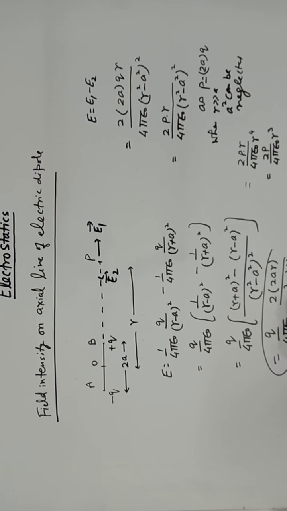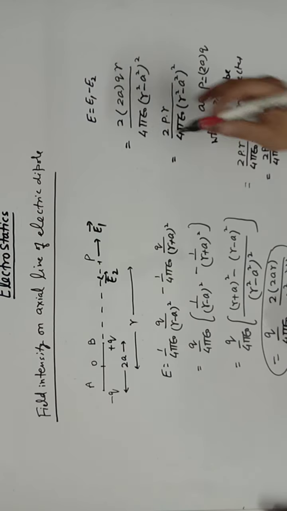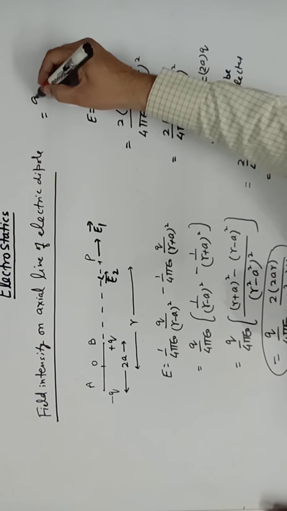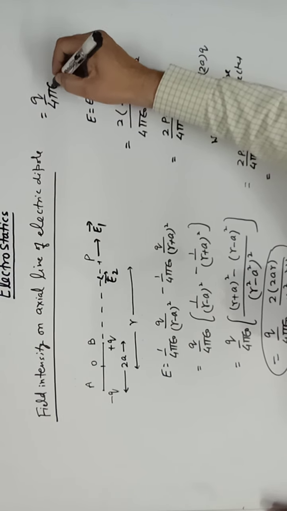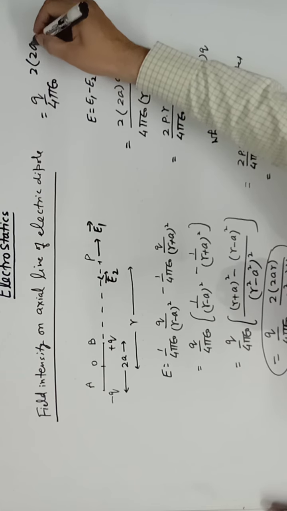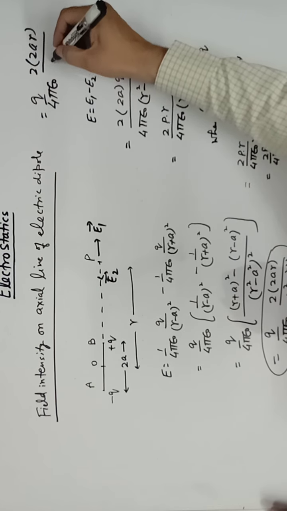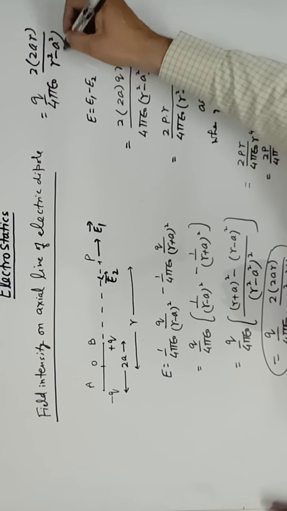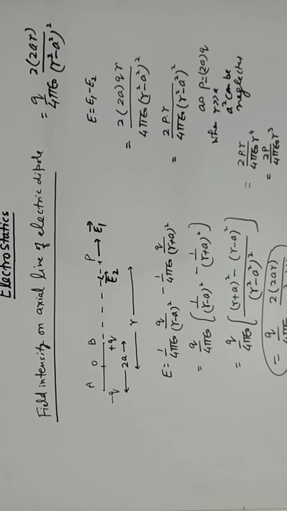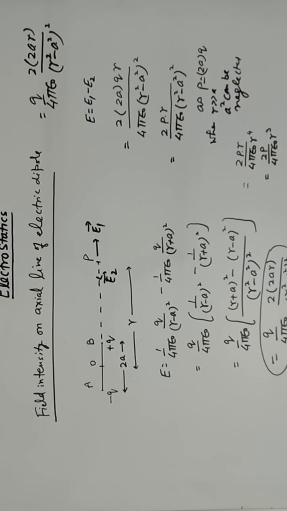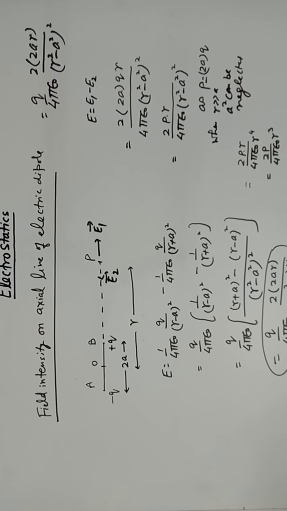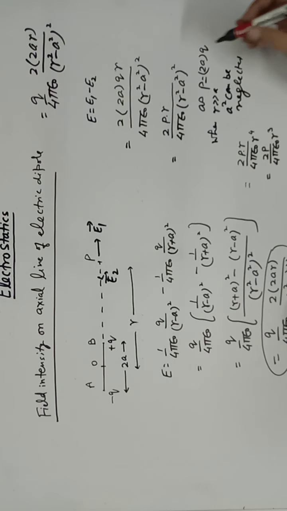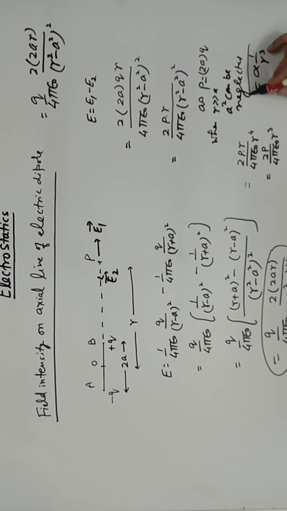The direction of E is along BP produced, that is along the direction of P. The value of E is directly proportional to 1 upon r cube.